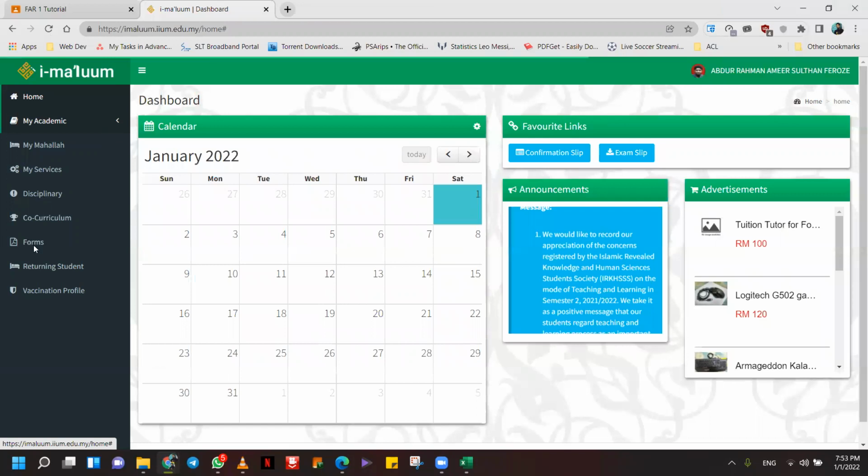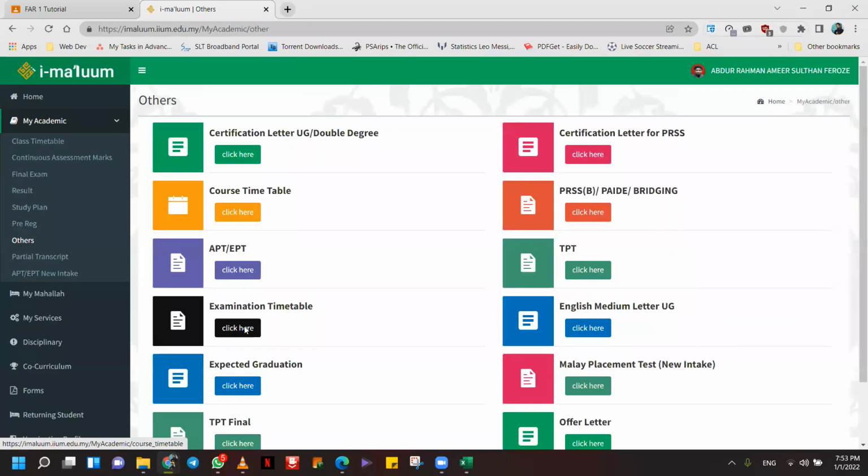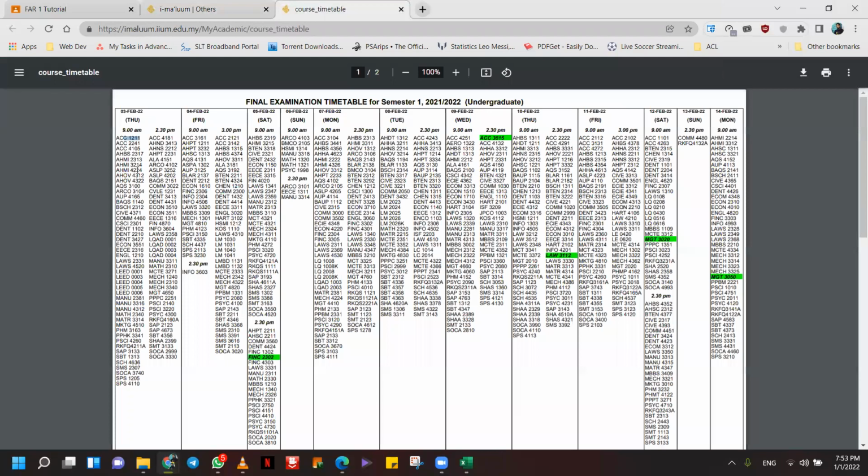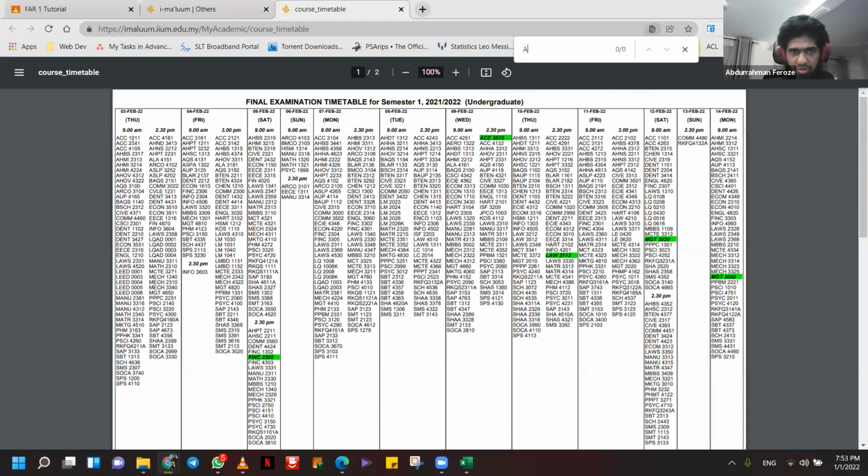Yes, 12 February. Isn't it 3rd February? It shows ACC 1211 here. You sure it's the 12th February? Yes, 12 February, I checked last week. I don't know, because they release a general final examination table for the whole university. So when I just looked at ACC 1211, I saw it here.